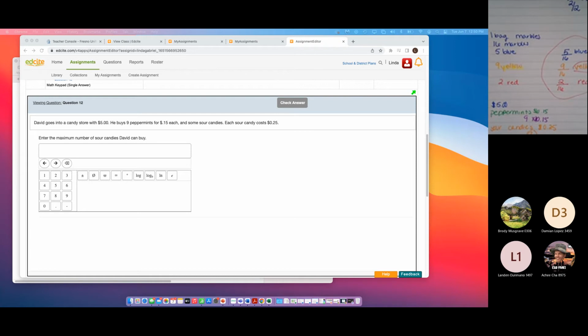0 minus 5, can't do that. Need to borrow 1, right? 10. So 9 minus 5 is equal to 4. 9 minus 3 equal to 6.